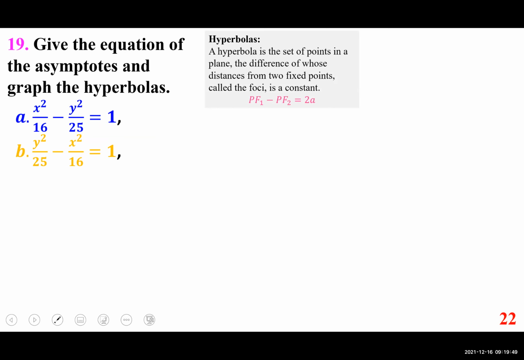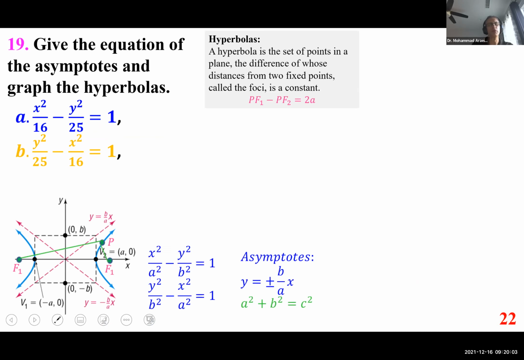A hyperbola is a set of points in a plane, the difference of whose distances from two fixed points, called the foci, is a constant. PF1 minus PF2 equals 2a. Perfect. So when we look at the hyperbolas, they also have a definition, just as we defined other conic sections, a circle as well as an ellipse.